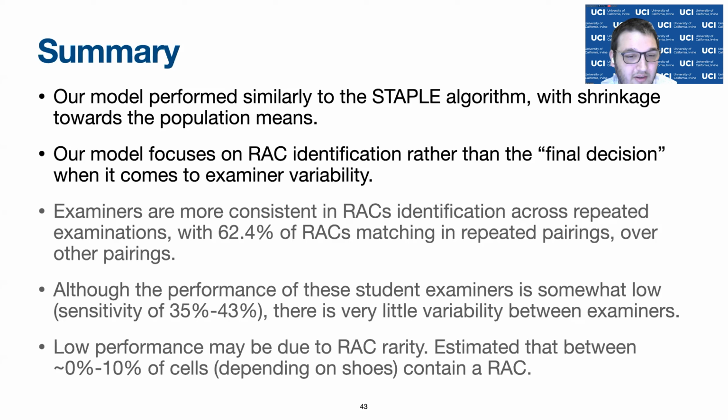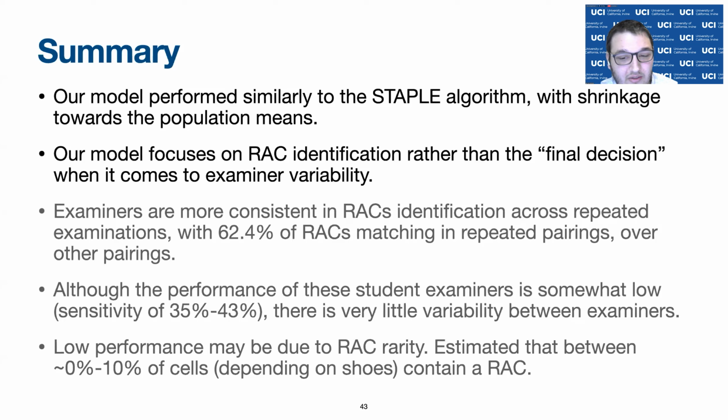And then just some of the key things that we found in our analyses. As I mentioned before, in repeated examination, 62.4% of RACs matched in the repeated pairs, and this got worse, as we expected, with random pairings having about 21% matching of the RACs.